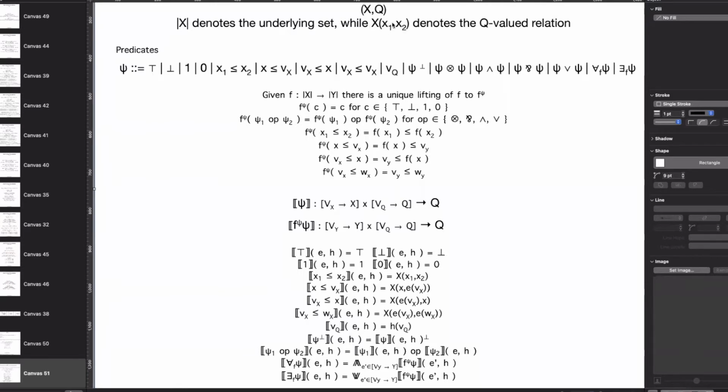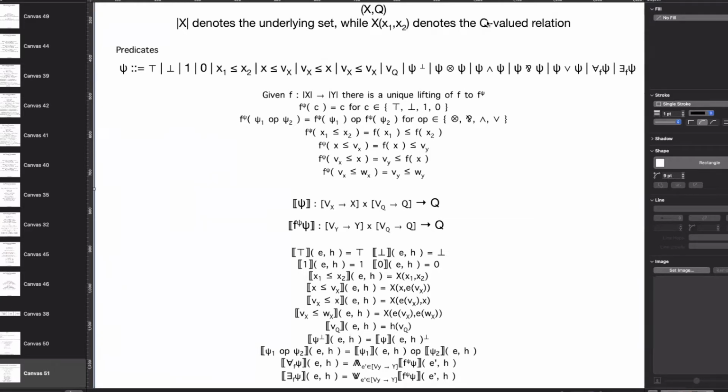But this relation is not just true or false. It's going to take a value in Q. So if it's absolutely for certain, that would be top. If it's decidedly not, that would be bottom. But then there are a whole range of values in between top and bottom that are given by the Quantile.